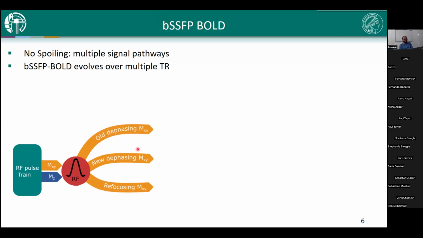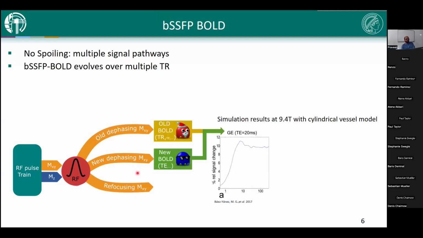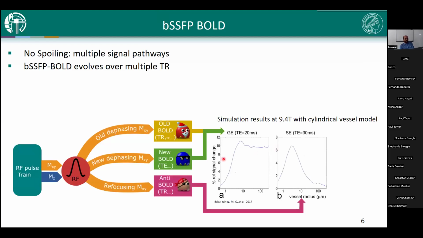These different signal pathways have different bold contrast. The dephasing pathways generate gradient echo like bold, which has a vessel specific profile like we saw before. We also have these refocusing pathways, which have a more spin echo like signal profile.